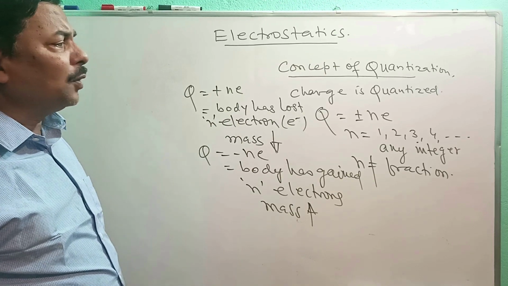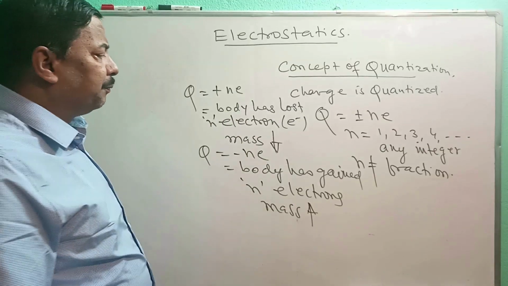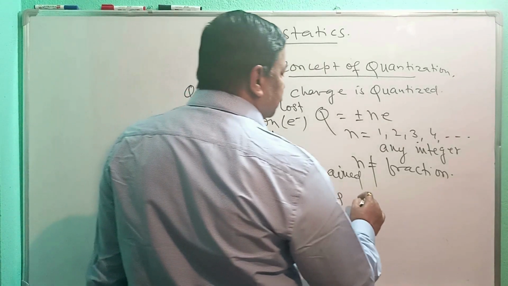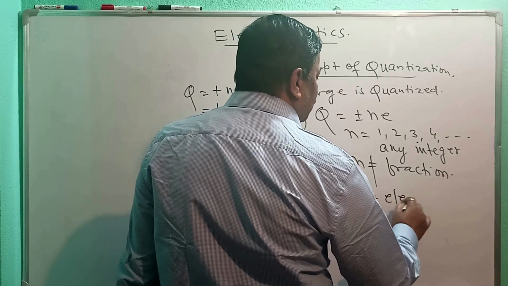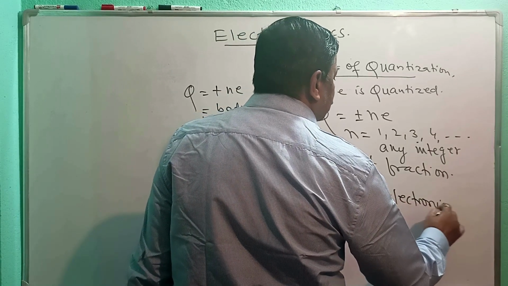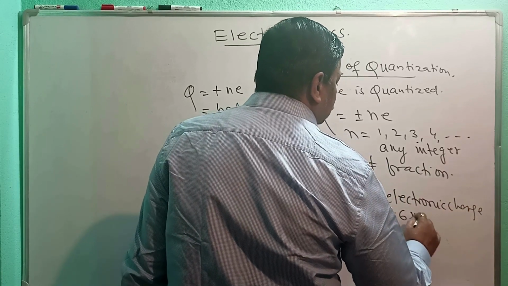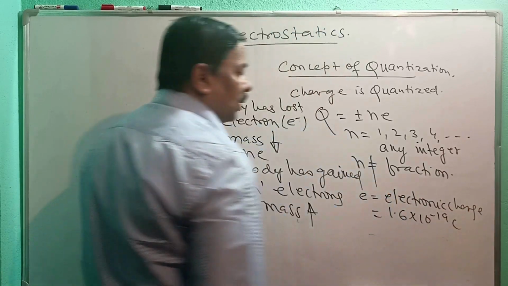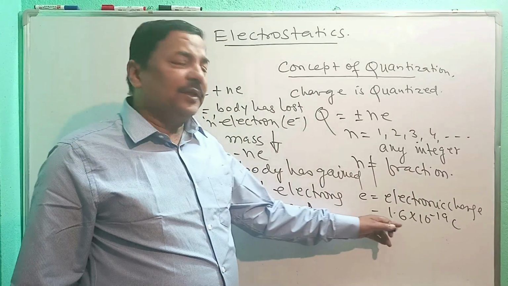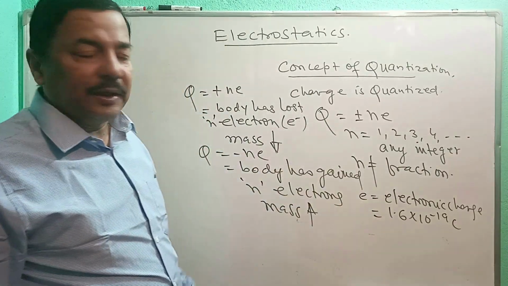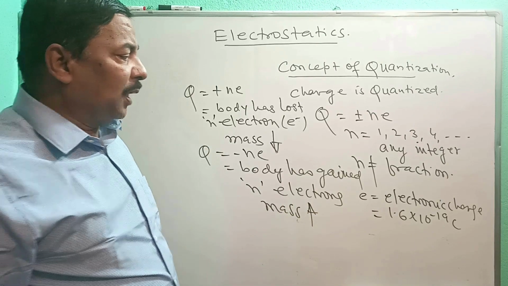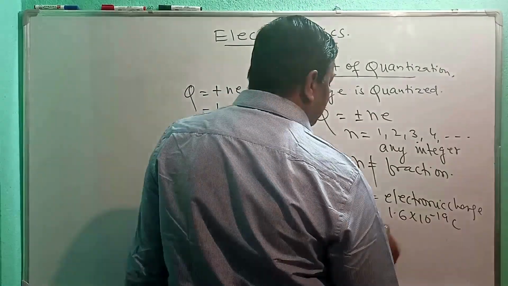Now we will try to understand here e. e is the electronic charge, whose value is 1.6 into 10 to the power minus 19 coulomb. And this is the minimum possible charge.